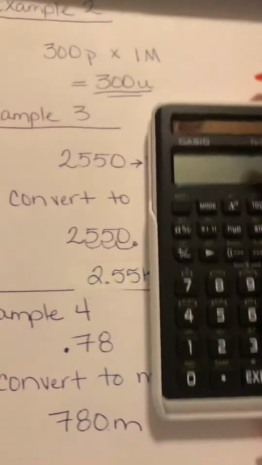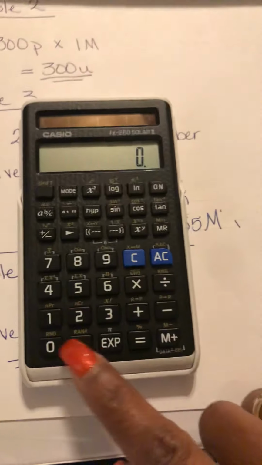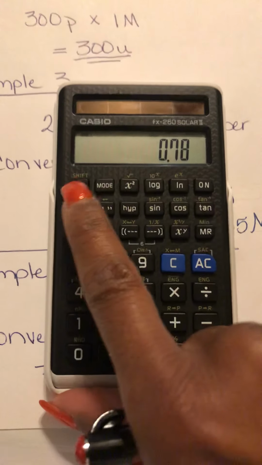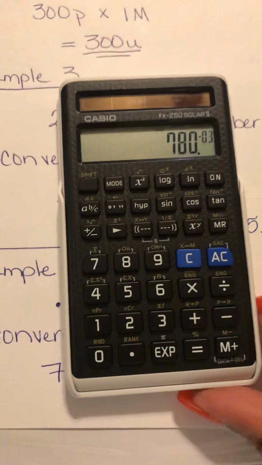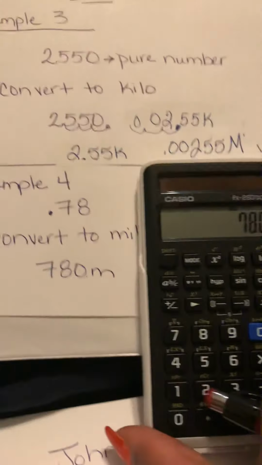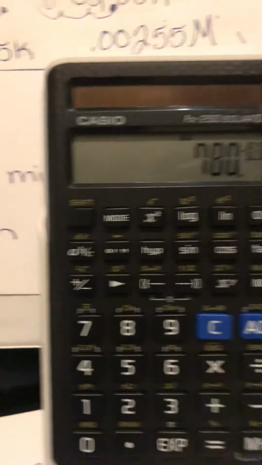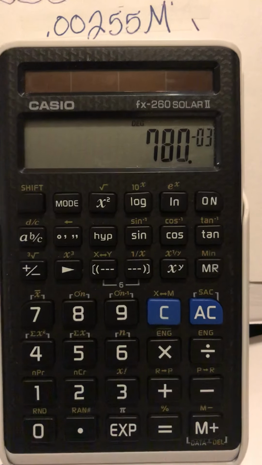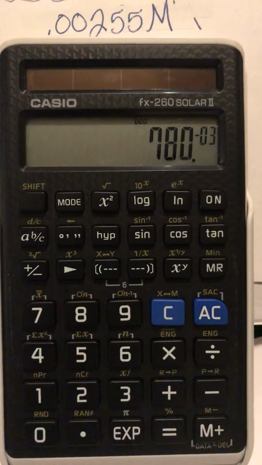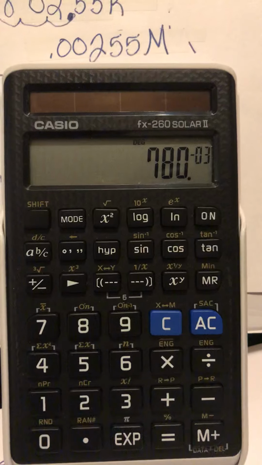To verify that with the calculator, 0.78. So if I have 0.78 and I hit shift divide, it's going to give me 780 milli. 780 milli is shown like that on your Casio FX260 calculator.